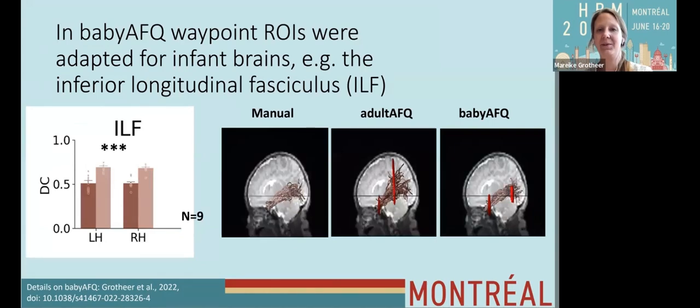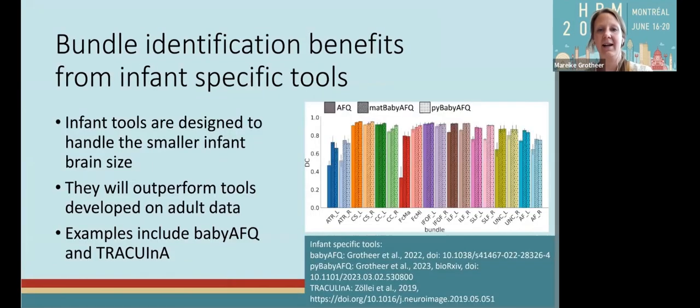Baby AFQ also includes a few additional changes, such as changes to the waypoint ROIs. These changes are again helpful for handling the much smaller infant brain size. For instance, many of the waypoint ROIs in baby AFQ are more spatially restricted, which improved the identified bundles. As you can see here on this graph, overall, baby AFQ performs much better than the regular AFQ for almost all bundles when used in infants.